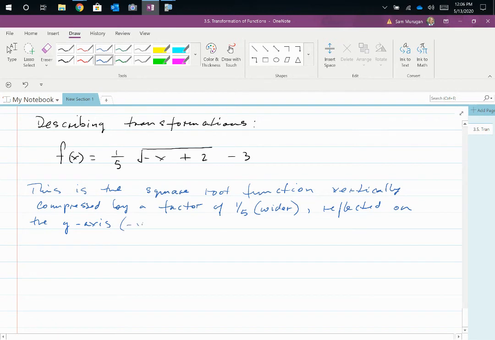Okay, negative sign in front of x, shifted 2 units left. Okay, opposite sign of plus 2. Opposite of 2 is negative 2.